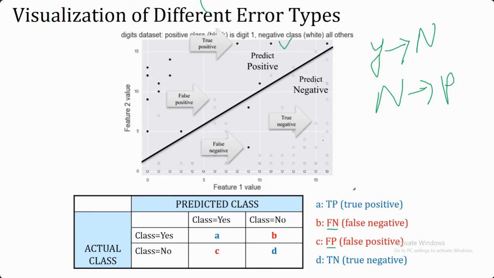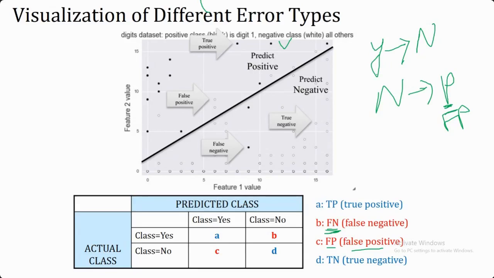Just to remember it, false positive means wrongly predicted as a positive. Originally it was no, but you are predicting yes, so it's your false positive. In case of false negative, wrongly predicted as a negative.